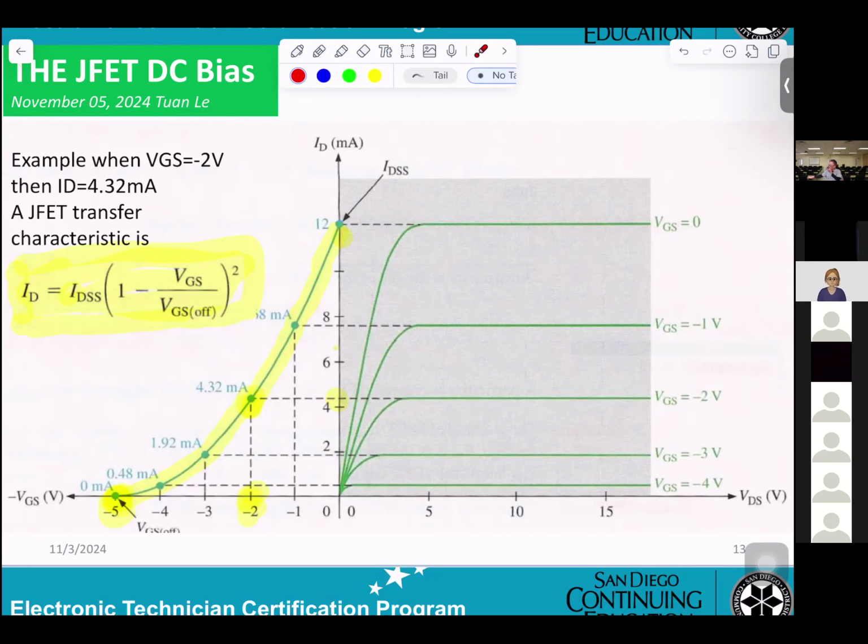So in that formula, IDSS would be 12 milliamps, VGS is -2, and VGS off is -5. Yeah, that's correct. Okay, thank you.